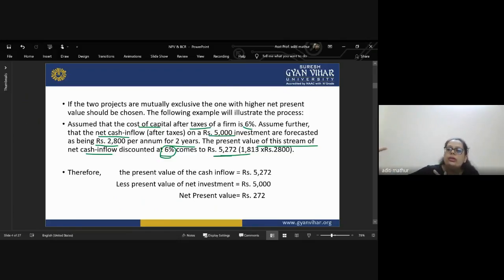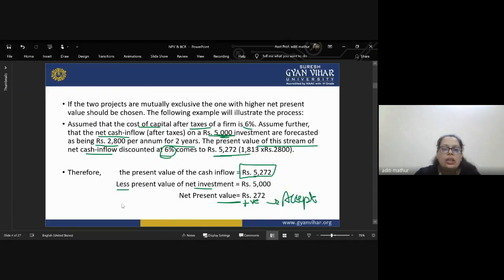So the future inflows, that is 2,800, are discounted, and the calculated inflows come to 5,272. Then you compare it with the investment which you are making, that is 5,000, and your NPV is positive, so that's why you will accept the project.